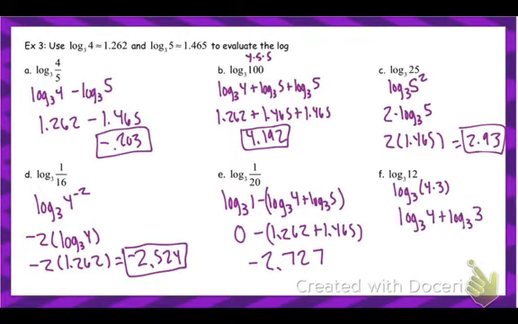Even though log base 3 of 3 is not listed in my chart, I know it: 3 to the something power is 3. That's 1. So this is log base 3 of 4 plus 1, which is 1.262 plus 1. So this is 2.262.